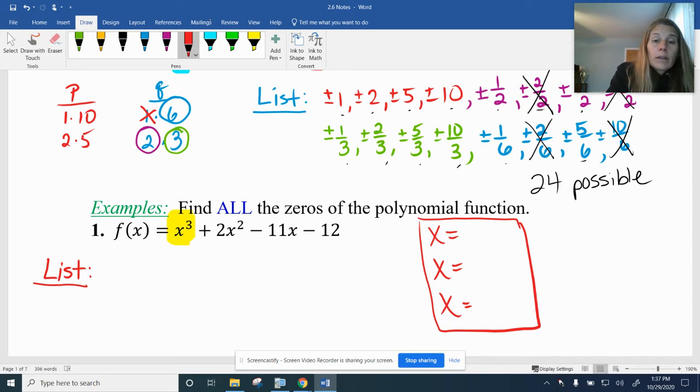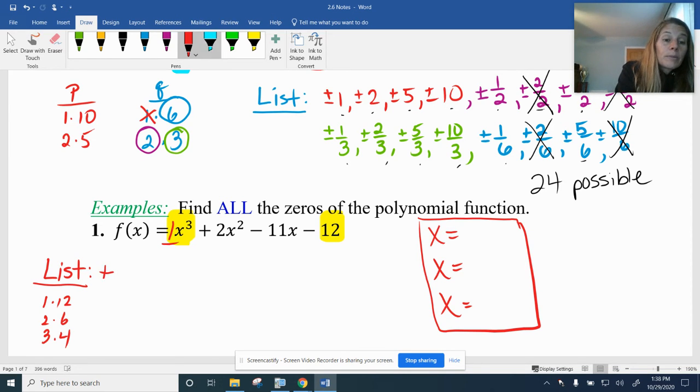Now, in this particular case, I'm going to be using this 12, and I'm going to be looking at all the factors of 12. Of course, they are 1 and 12, 2 and 6, 3 and 4. I would also have to look at my factors for this lead term, but it's just a 1, so all of these numbers here that are factors of 12 are just all going to go over 1.